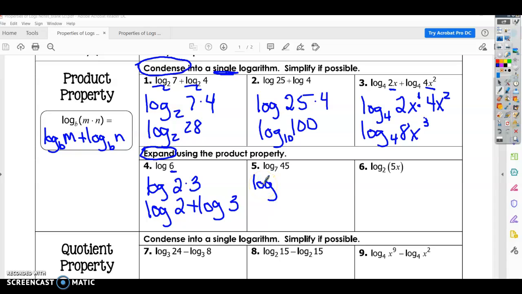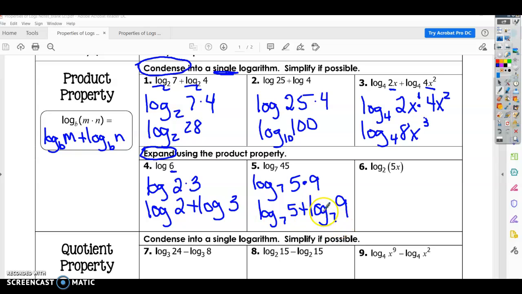All right, so 45 is 5 times 9, so let's say log base 7 of 5 times 9, and we can rewrite that as log base 7 of 5 plus log base 7 of 9. So you see how we go from multiplication to addition.